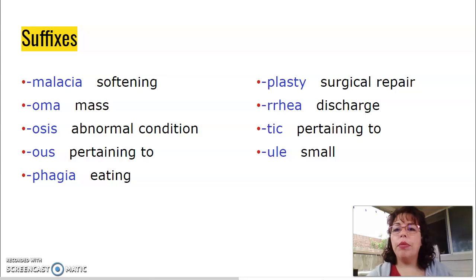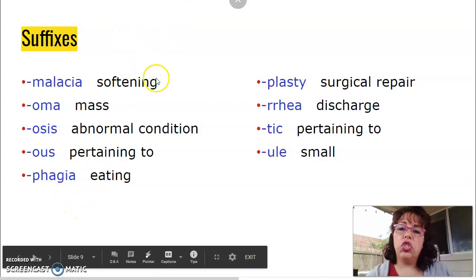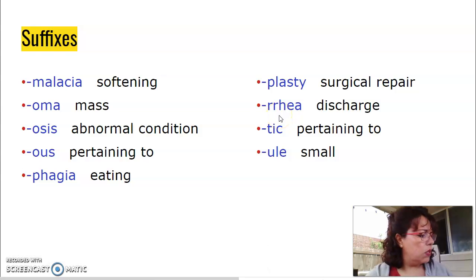We'll come to those. Plasty, surgical repair. We think of rhinoplasty. There's dermatoplasty, so surgical repair of the skin. Rhea, discharge. It is seborrhea, and so that's an oily discharge. Tic, pertaining to. Ule, small.